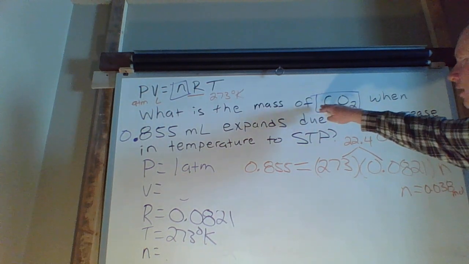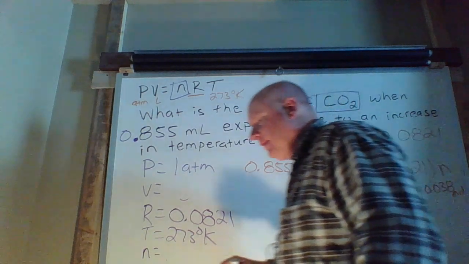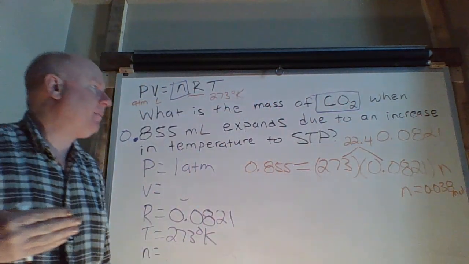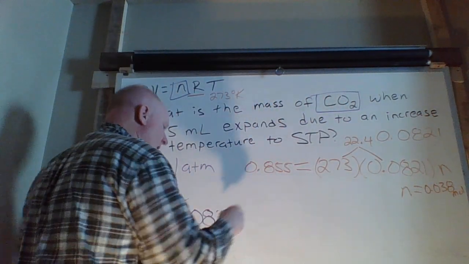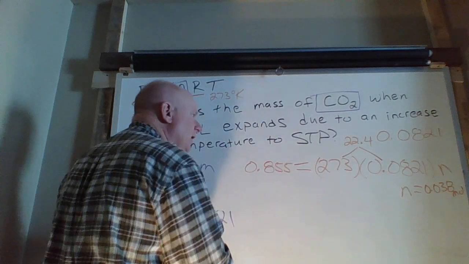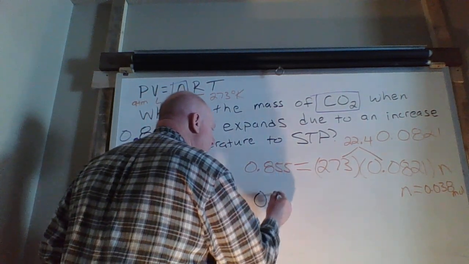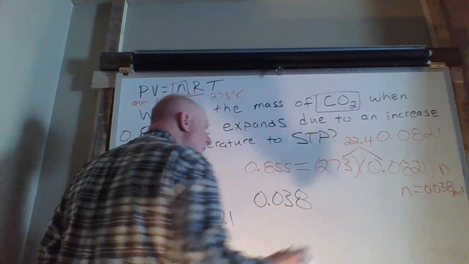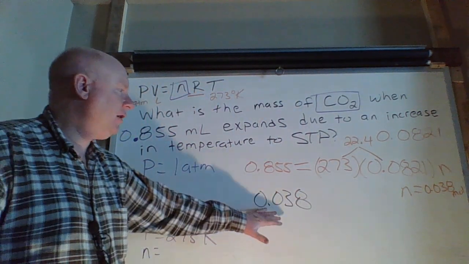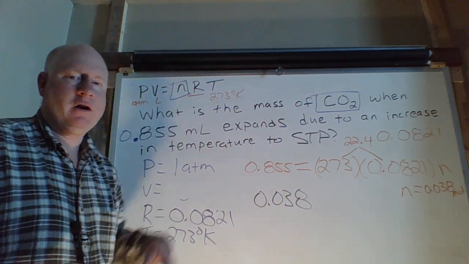That's not in grams or mass of carbon dioxide, but it's just one small step that we have to take, and that would be using your dimensional analysis. Think of how you get from 0.038 moles of CO2 to this mass of carbon dioxide.